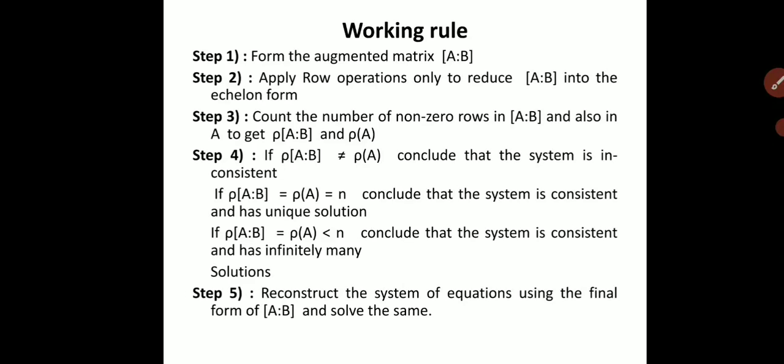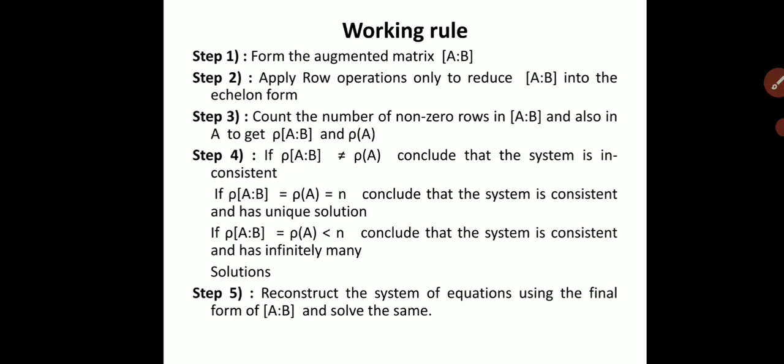Step 3: find the rank of the matrix, that is the number of non-zero rows, in both A colon B and A. While finding the rank of A, leave out the elements after the colon and consider only the matrix A. So we get rank of A and rank of A colon B. Step 4: if rank of A colon B is not equal to rank of A, then conclude that the system is inconsistent, that is, it has no solution.